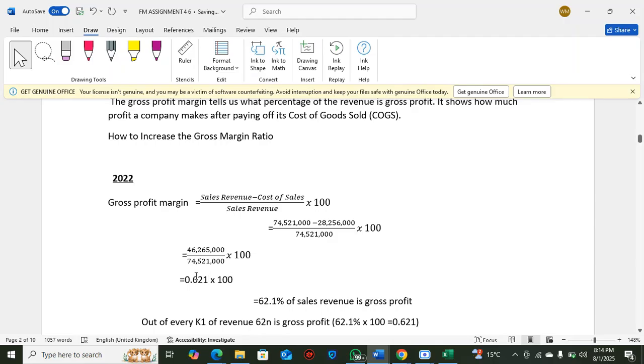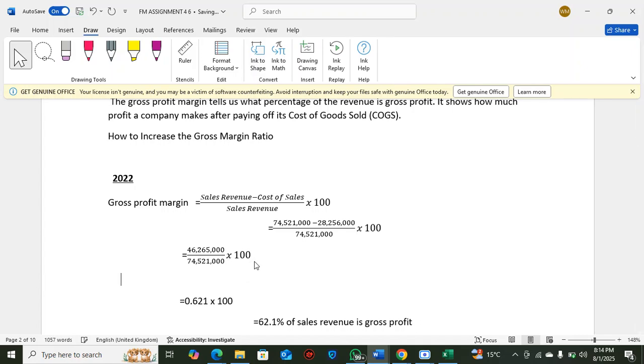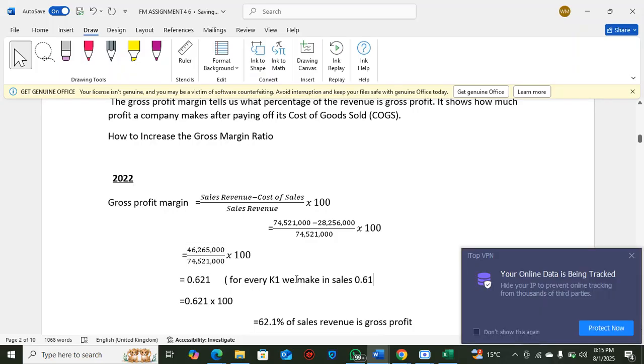If you want to interpret this as a decimal, this 0.621 means for every one kwacha we make in sales, 61 ngwe is gross profit.